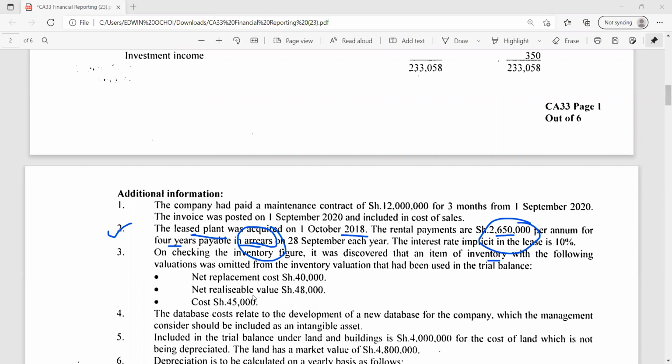As per IAS 2, inventory is measured at the lower of cost and net realizable value. So out of the three figures, 48,000, 45,000, and 20,240, 20,240 will remain the lower, so it will be the closing inventory.